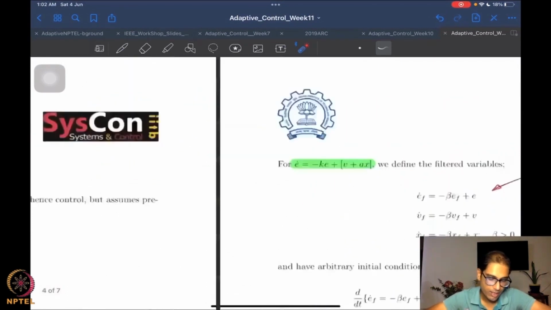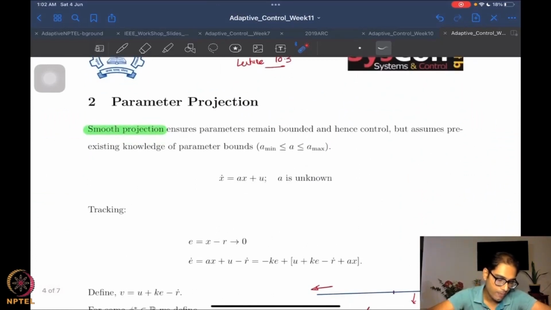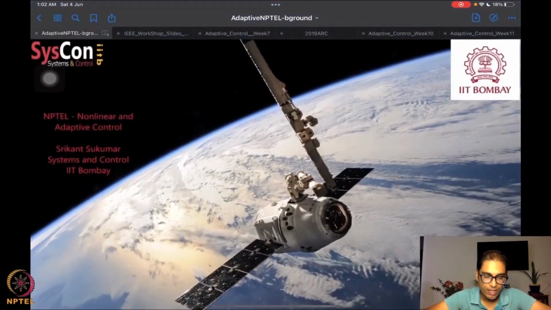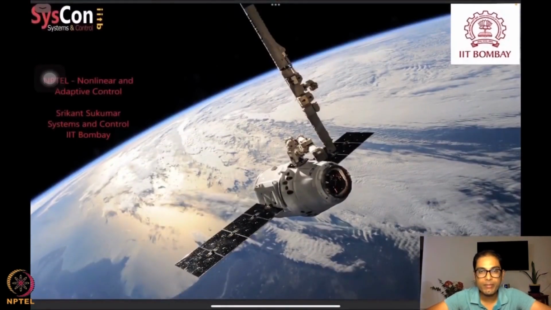All right, excellent. So what did we talk about today? We started talking about the parameter projection method for adaptive control. What it entails is, first of all, knowledge of the bound, and secondly, we try to do what is called smooth projection.